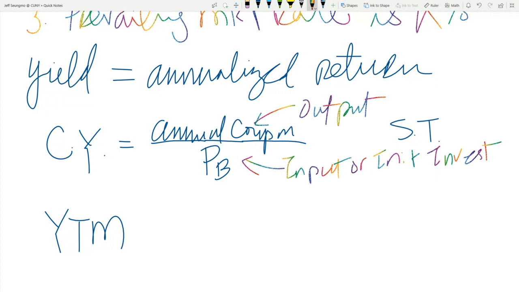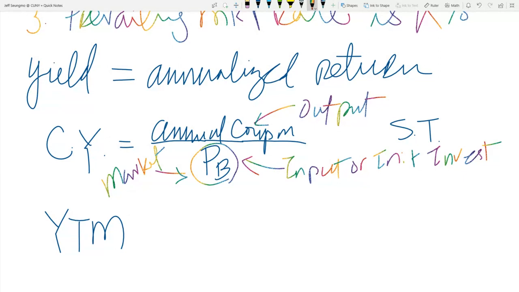So think about it. To invest in this bond, you have to pay the market price. And for that market price, the annual coupon is the maximum you can earn for a year, right?